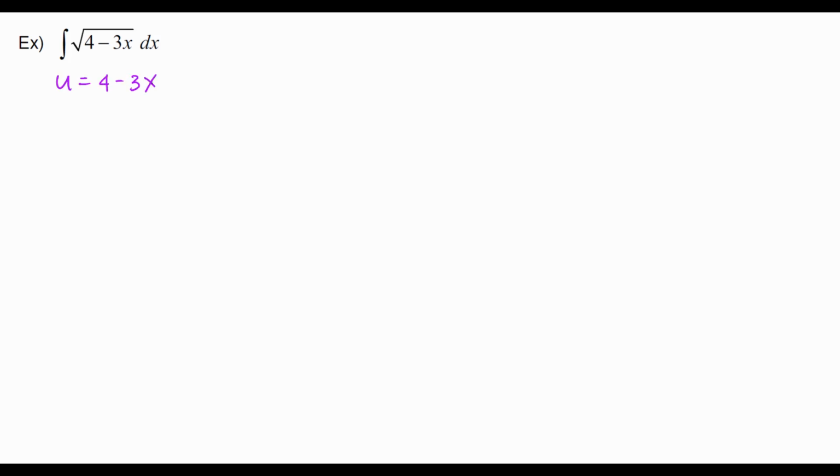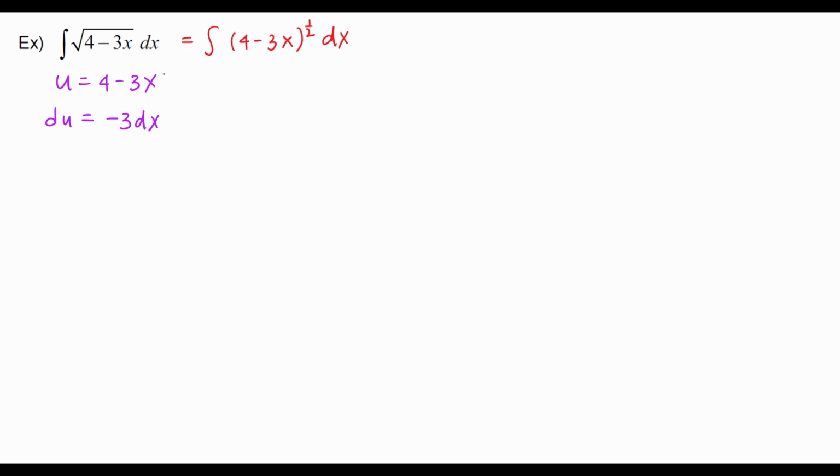When you take the derivative of each side, I get du equal derivative of 4 minus 3x is negative 3 dx. And this integral can be rewritten as integral of 4 minus 3x to the 1/2 power dx.